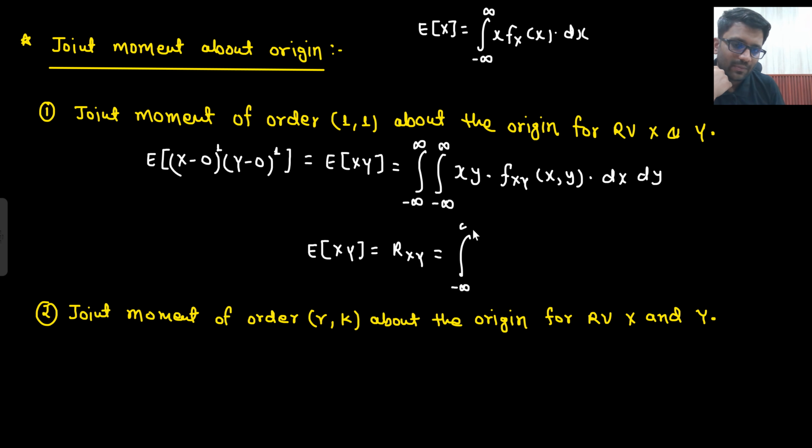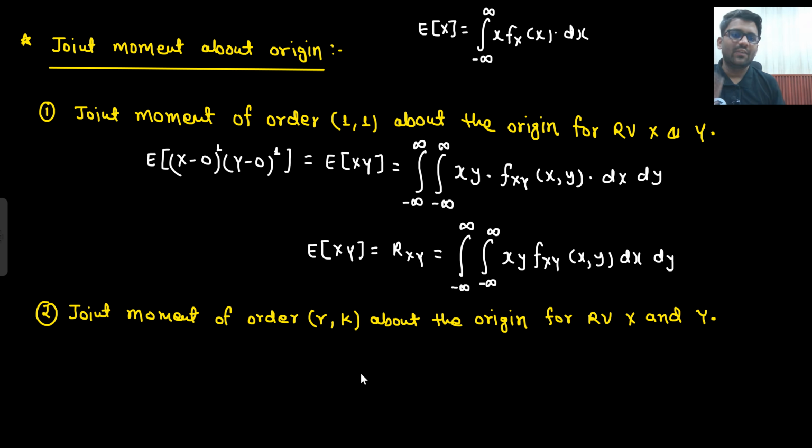What I will do is integrate from minus infinity to infinity, minus infinity to infinity, xy fxy(x, y) dx dy, and it has a specific name, which is known as the correlation between random variables x and y.